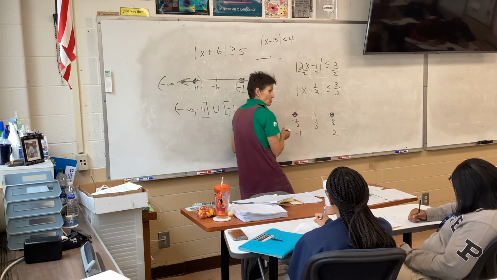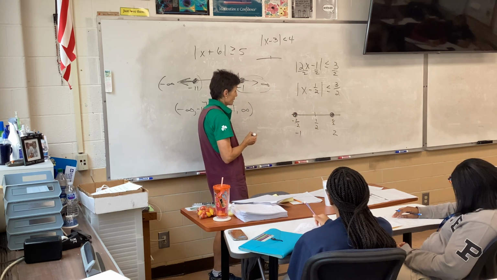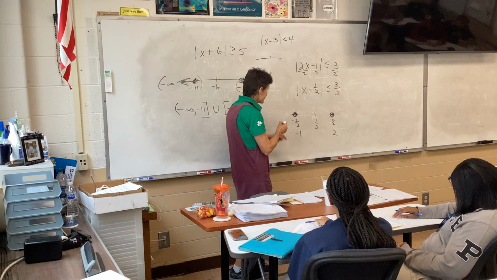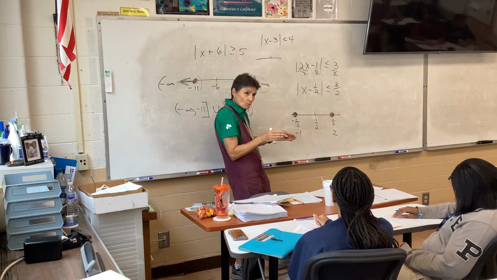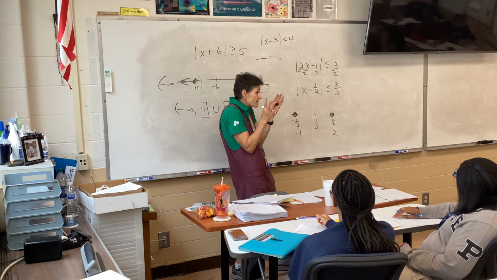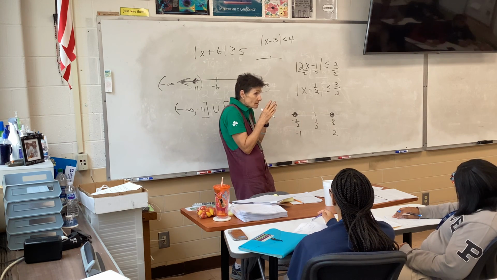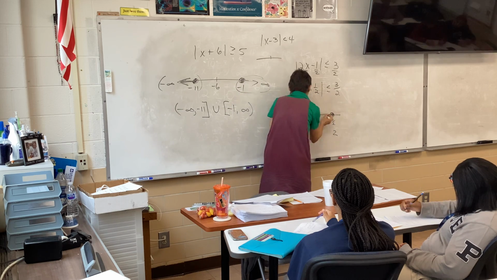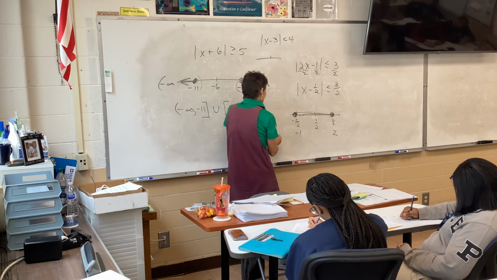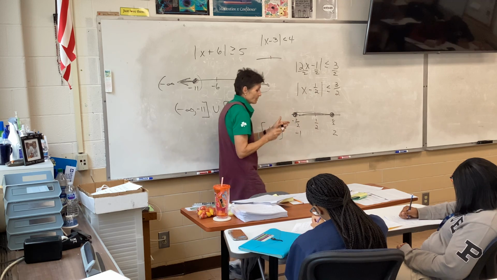Right, 1/2 minus 3/2. So now, these are the points that are exactly 3/2 away. I want to be less than 3/2 away. So where will those points be? In between. So my answer is negative 1 to 2. Perfect.